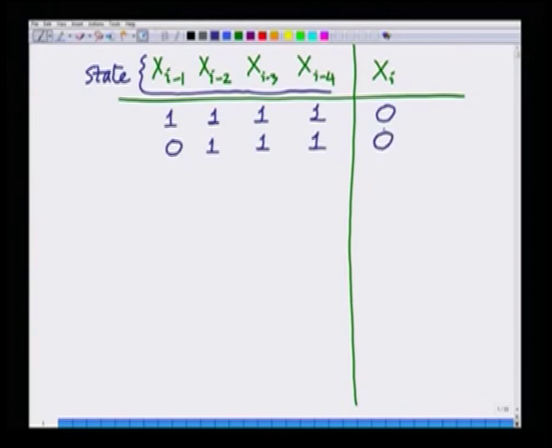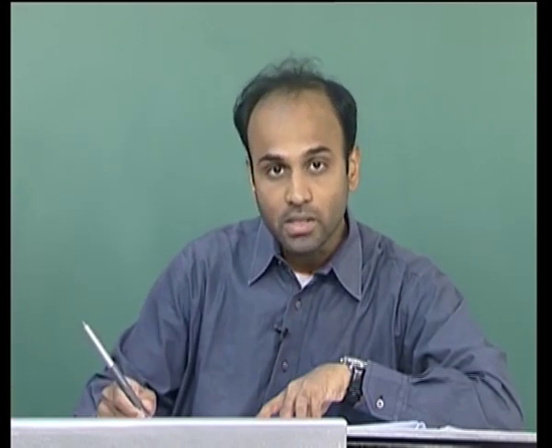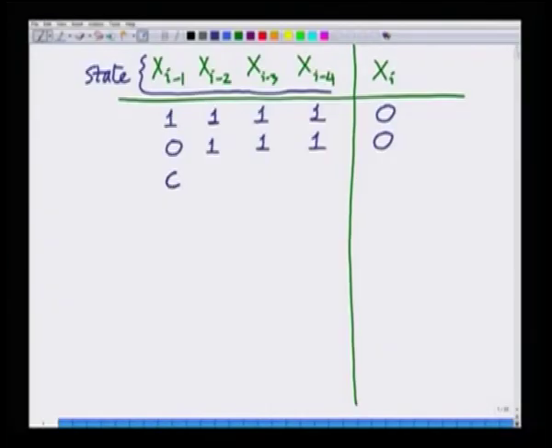Now we can again continue the same process, that is xi becomes xi minus 1. So, this will become 0, xi minus 1 becomes xi minus 2, which is 0, this is 1, this is 1, the xi for the next state is 0. Alright. So, continuing in this fashion, let me fill out the rest of the entries.